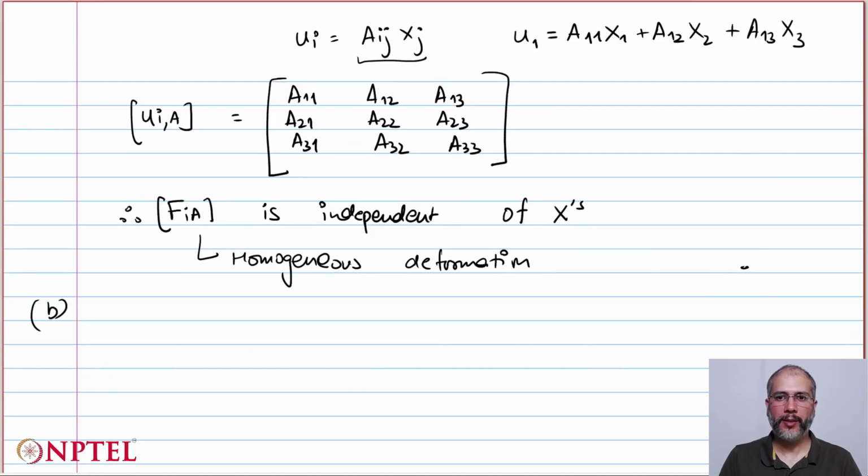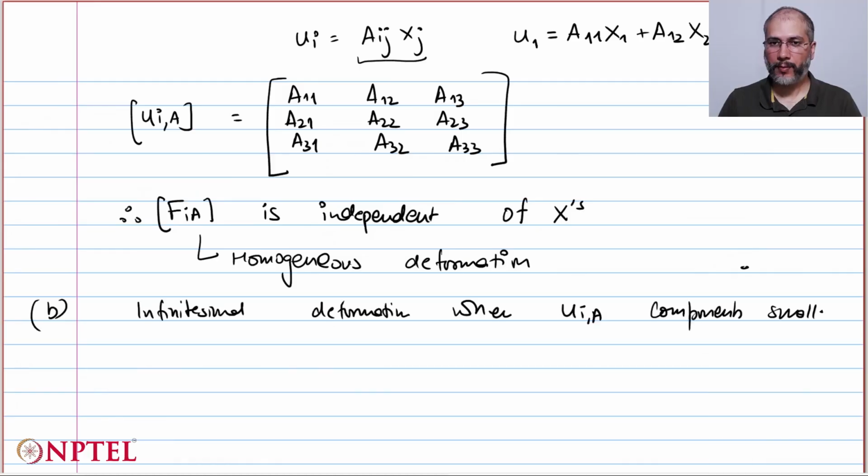So for part B, we have to check for the infinitesimal deformation in this case. Now remember, infinitesimal deformation theory was valid when the u_i,A components are small. And this is when we neglected the product of the components of the displacement gradient tensor with respect to the individual components. That is what gave rise to the infinitesimal strain tensor.